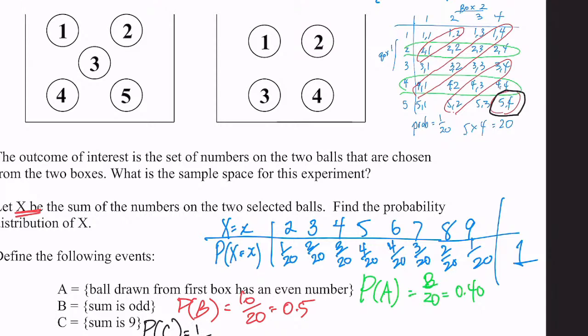So okay, we used the 20, the probability that any of those outcomes is possible is 1 out of 20. Any one of those pairs are chosen. But if we start looking at the sum, some of these sums are more likely than the others.